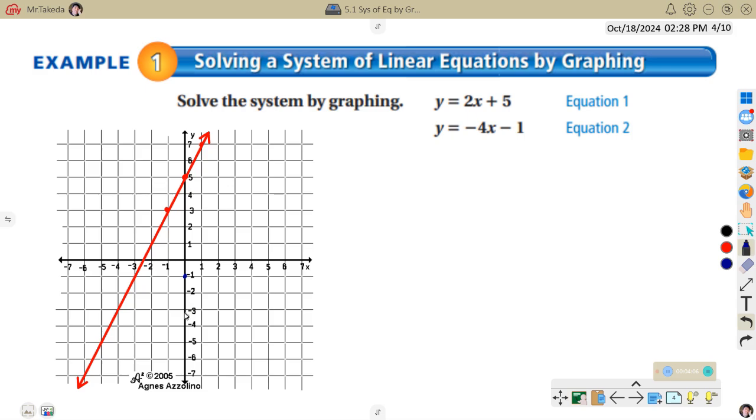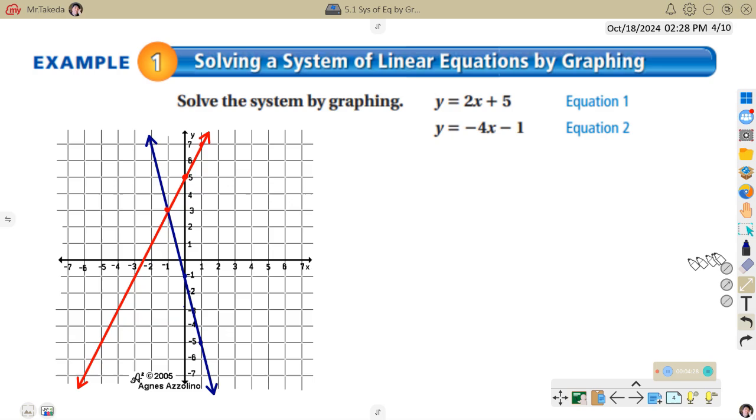So 1, 2, 3, 4, negative 4 over positive 1. Okay, so this graph will look like this.